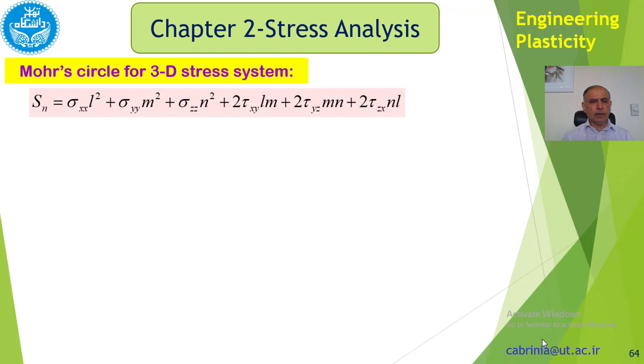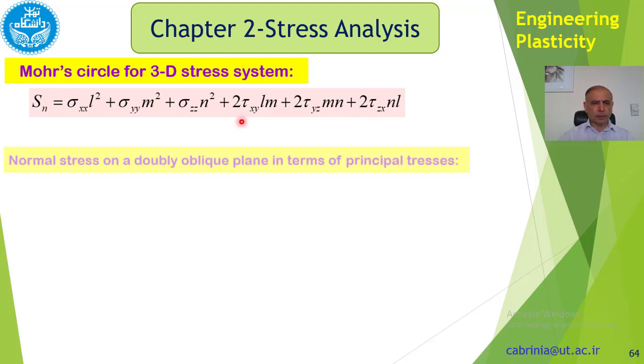Now, this equation which I'm showing you here, in fact, is the equation for the coordinate transformation for the stress. I have shown you this before. We have derived this relationship in previous slides.